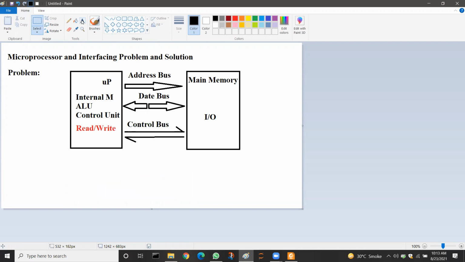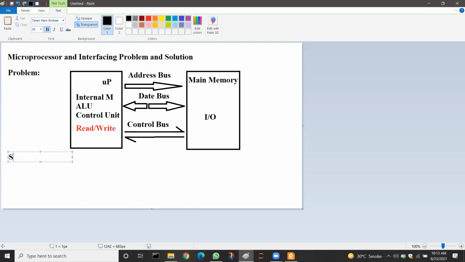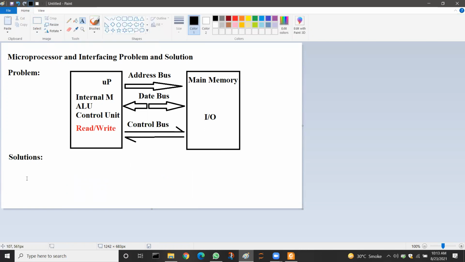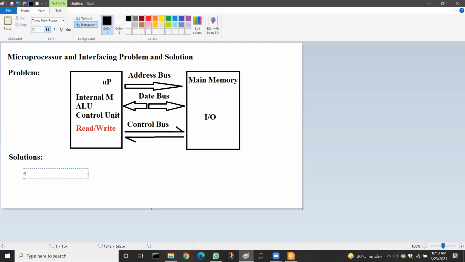Now, discussing the solution part: there are many solutions, but the primary solution is to design a decoding circuit.